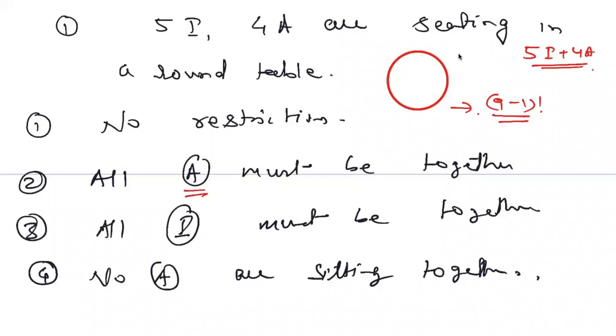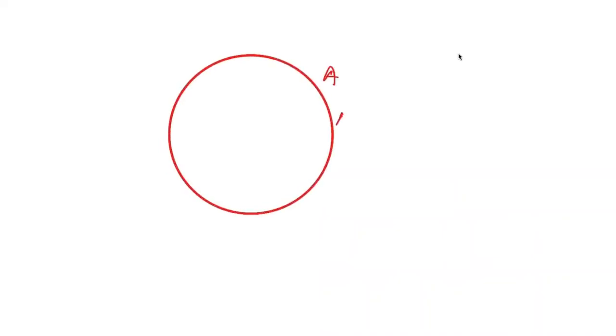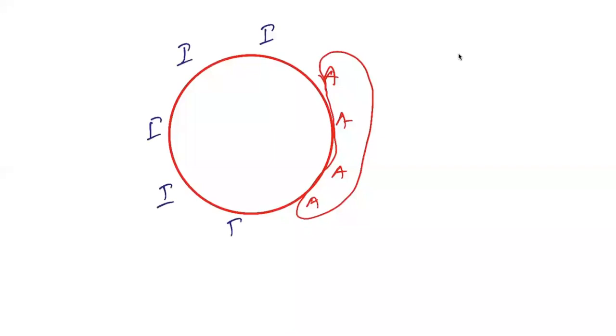For the second one, all Australians must be together. So these 4 must be together, 1, 2, 3, 4, and Indians are sitting there, 1, 2, 3, 4, 5, and we are taking these 4 as 1. So 1, 2, 3, 4, 5, and this is 1, that makes 6. So this will go with 6 minus 1 factorial.